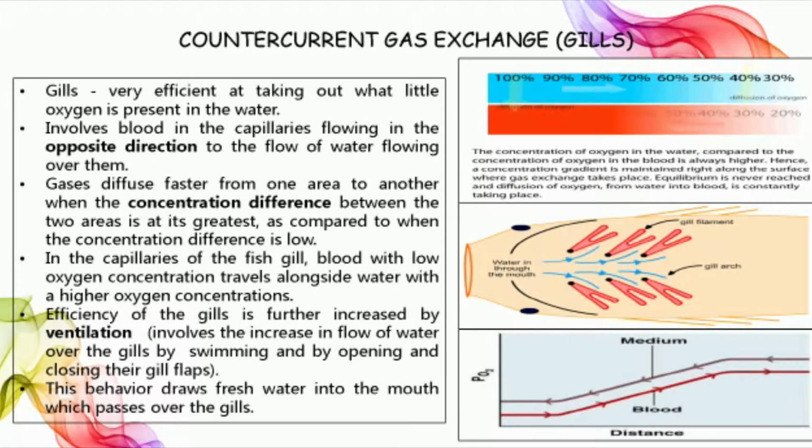Gases diffuse faster from one area to another when the concentration gradient, the difference between the 2 areas, is at its greatest, compared to when the concentration difference is low. In the capillaries of the fish gills, blood with low oxygen concentration travels alongside water with a higher oxygen concentration.